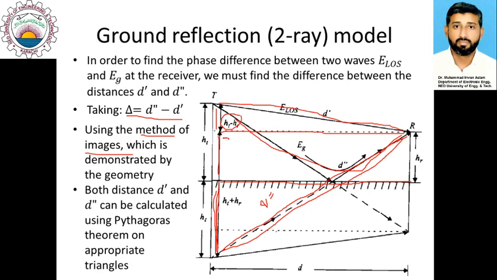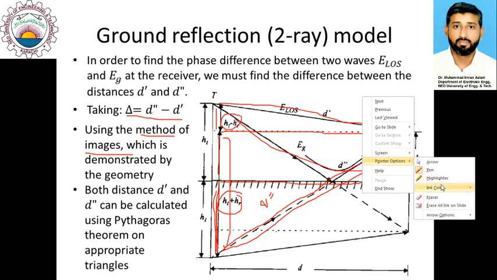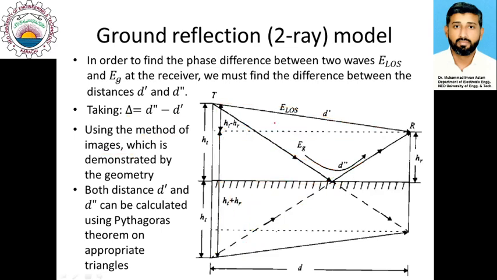So this entire length from this point to this point can be written as ht plus hr. So this is the geometry by using the method of images. And if you look closer, you would see that from this diagram we can extract two right triangles, and those right triangles can be used to calculate distance by using the simple Pythagoras theorem.